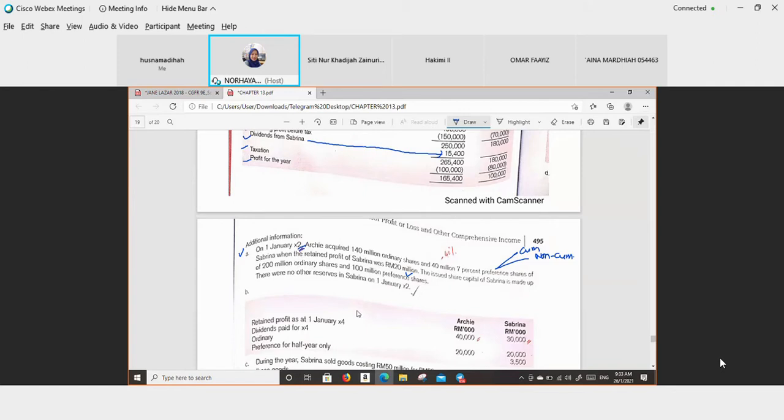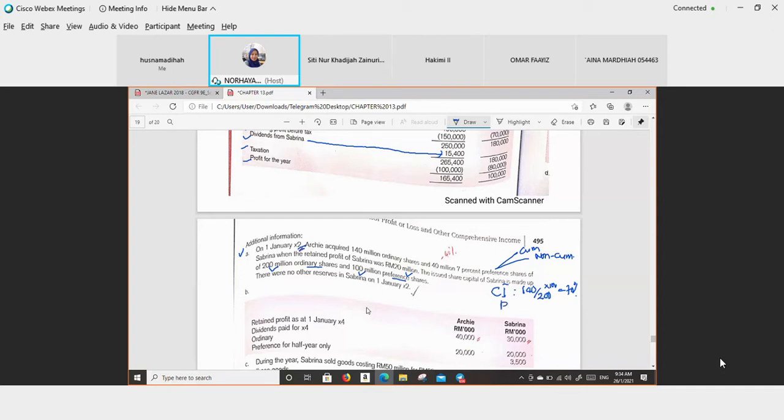This is provided because you must calculate the controlling interest, with the percentage of acquisition of both ordinary shares and preference shares. For ordinary shares, 140 divided by 200 is 70%, so the non-controlling interest is 30%.